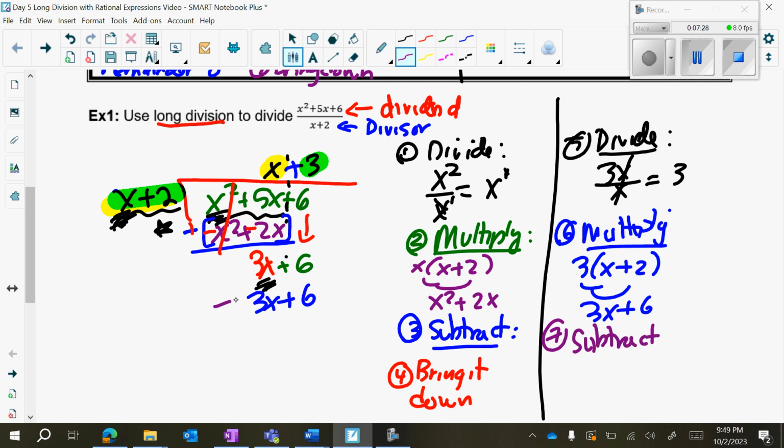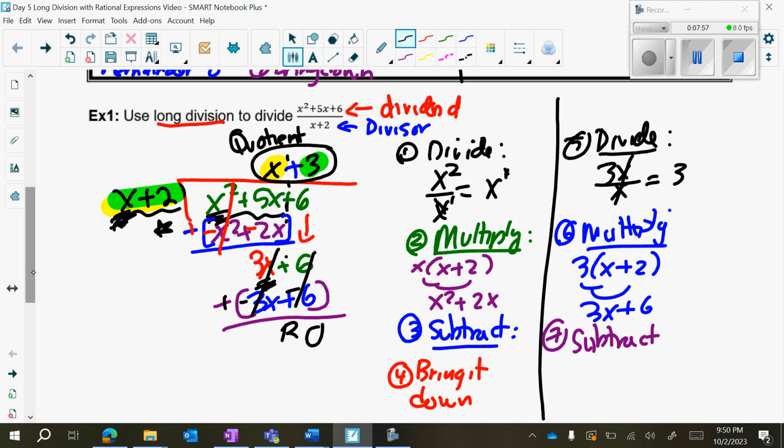Remember, we have to put a minus in front of the whole quantity and a bracket. This whole thing is going to equal 0 because we're going to get plus, minus, minus, and everything cancels. 3x plus 6 minus 3x plus 6 equals 0. So we're done. That means the remainder is 0. And this means that when we divide x squared plus 5x plus 6 by x plus 2, we're going to get x plus 3. That is called the quotient.